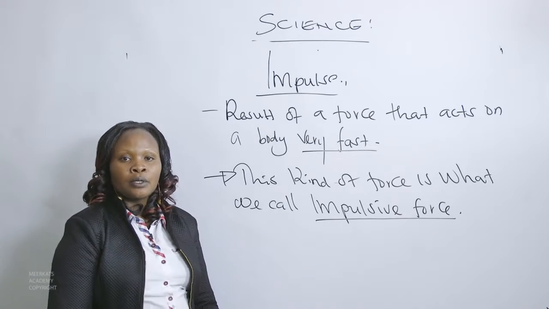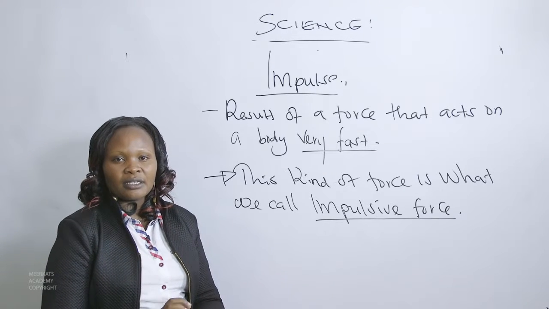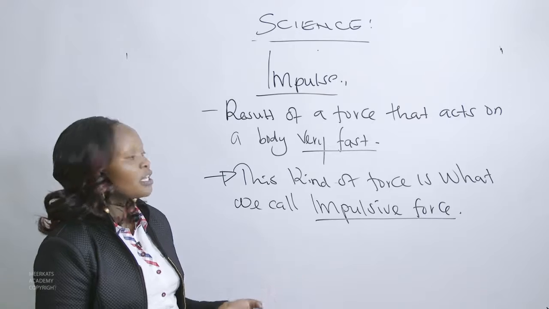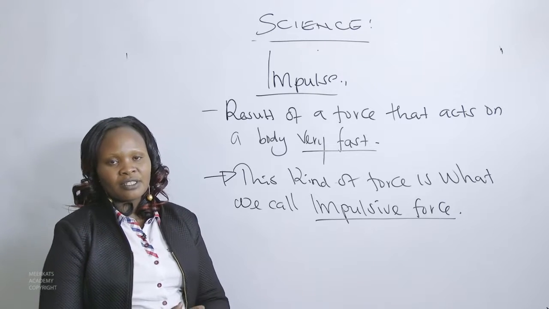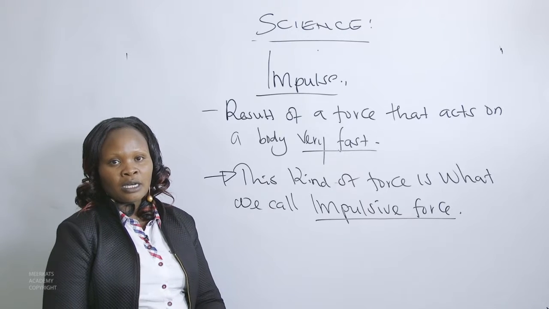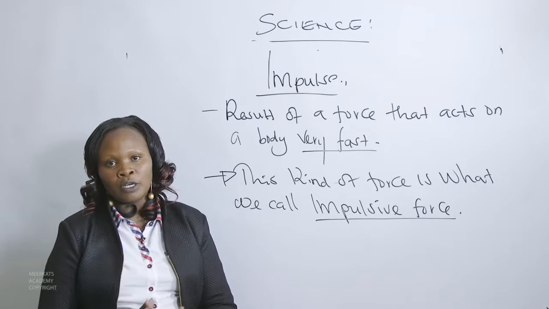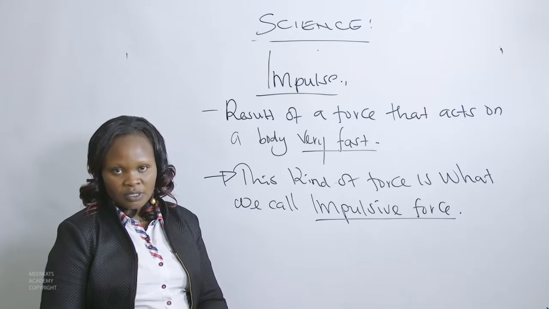Now, from Newton's second law that we have just dealt with, we have seen that force has its own take in as far as the momentum of an object is concerned.